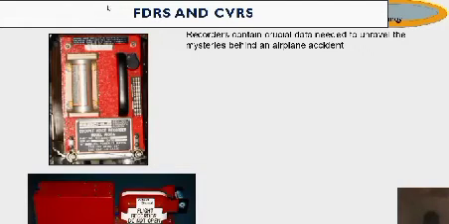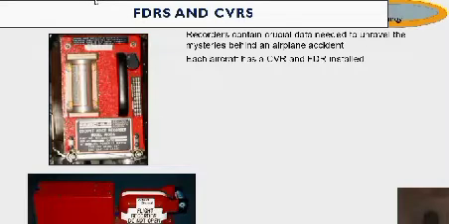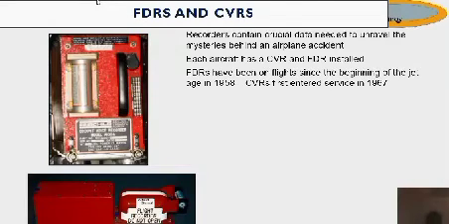Recorders contain crucial data needed to unravel the mysteries behind an aircraft accident, so each aircraft has a CVR and FDR installed. FDRs have been on flights since the beginning of the jet age in 1958. The CVRs first entered service in 1967.